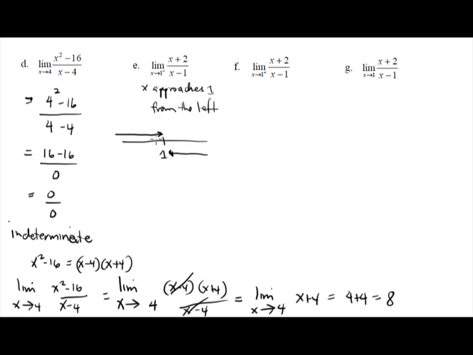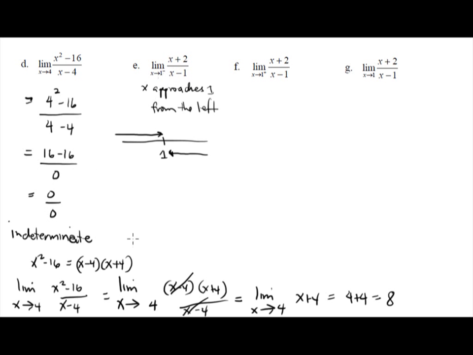Okay. Taking note of this, let's go back to letter E. We want to find the limit as x approaches 1 from the left of x plus 2 over x minus 1. Note, the substitution method can be applied in finding this limit, except if you get something like 0 over 0.